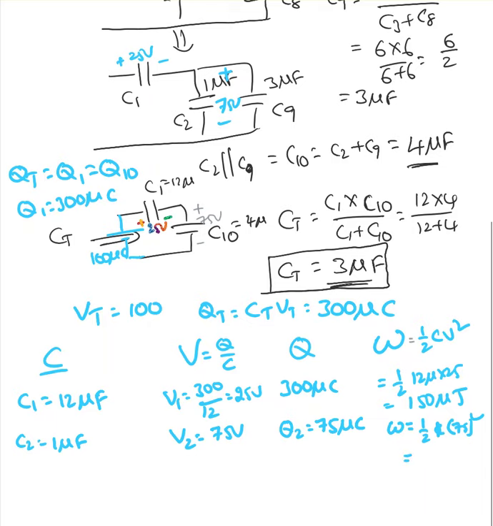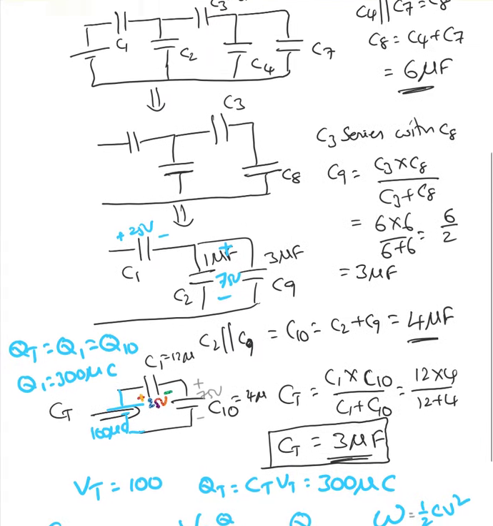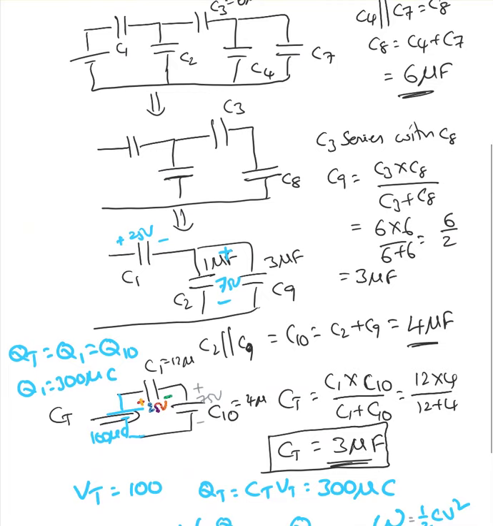Let me use my calculator, 75 square divided by 2, which is 2812.5 microjoules. Now C3. I have C9, but I do not care about C9. All I care about is C3.